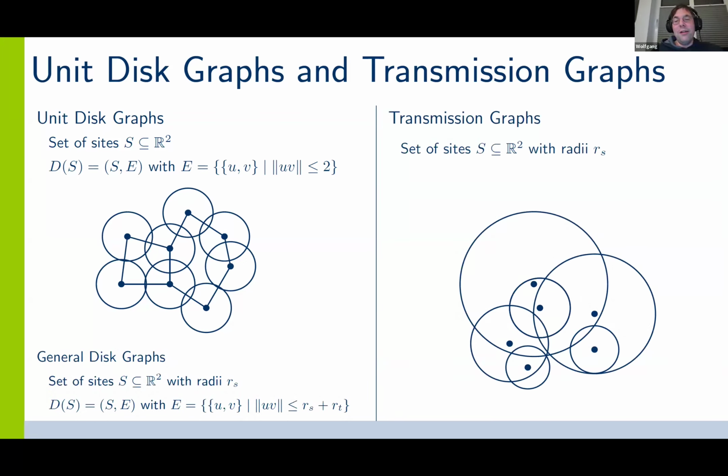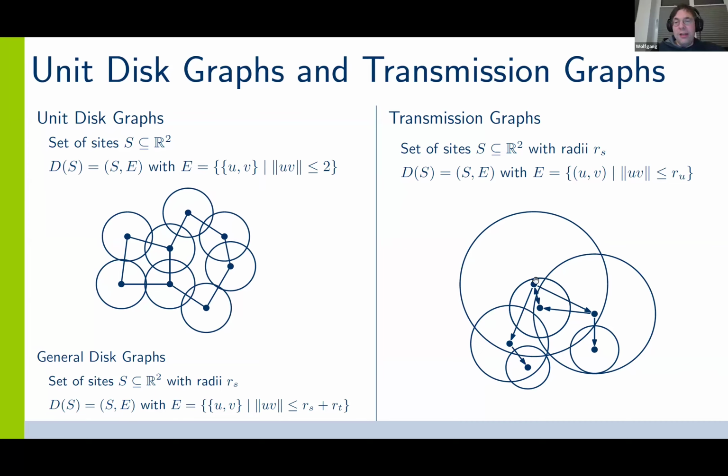Transmission graphs are a directed version of disk graphs, where again we have a set of sites and radii associated with them, but now the edges are directed, and there's an edge from a site U to a site V if the site V is contained in the disk of radius R_U around U, right?